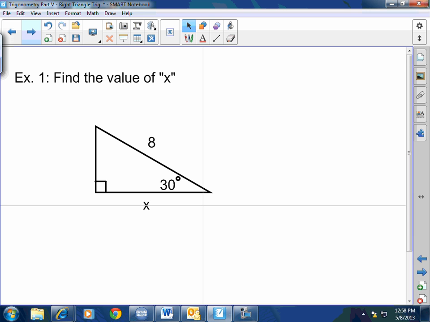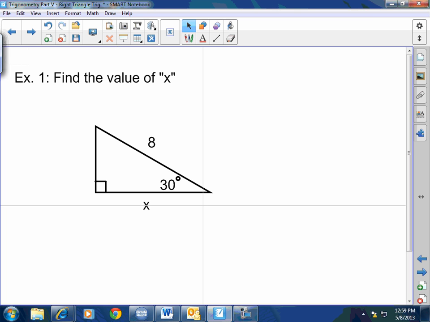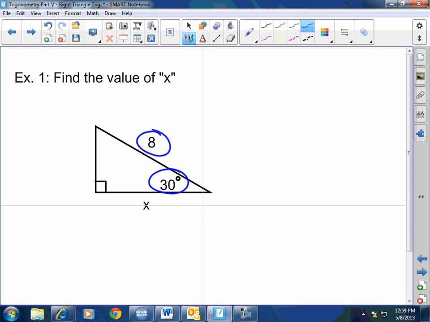Okay, let's put this to work today. All right, let's get right to work. If I want to find the value of x here, guys, I have to ask myself, using the trigonometric functions that I have been given, well, all I was given was a hypotenuse, an angle which is 30, and what is the relationship of the side of x compared to that angle 30?